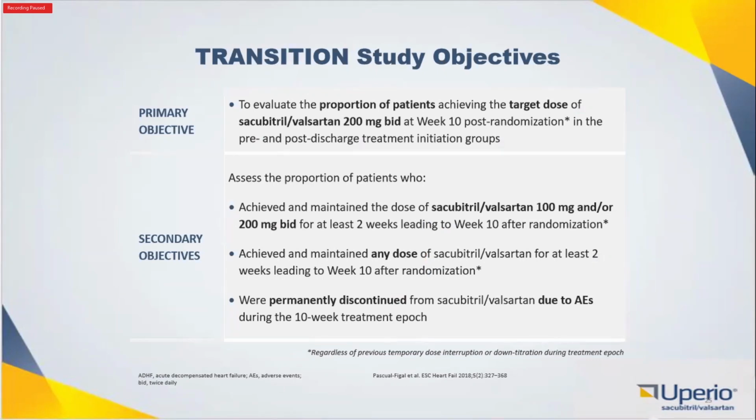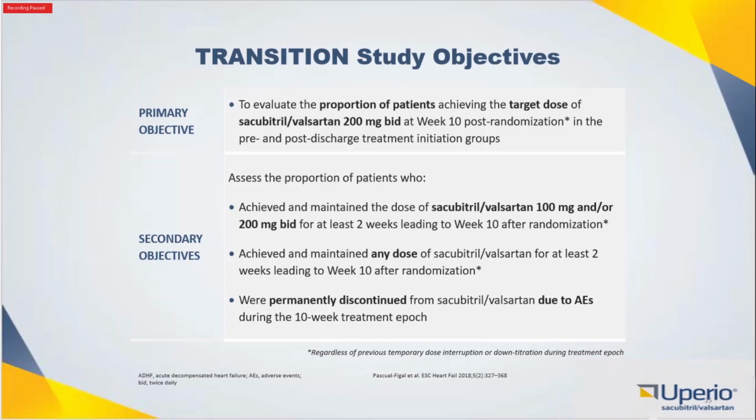So the primary objective was to evaluate the proportion of patients who achieved the target dose of 200 milligrams BD at week 10 post-randomization, and assess the proportion of patients who achieved and maintained the dose of the trial drug, 100 milligrams and/or 200 milligrams BD, for at least 2 weeks leading to week 10 after randomization.